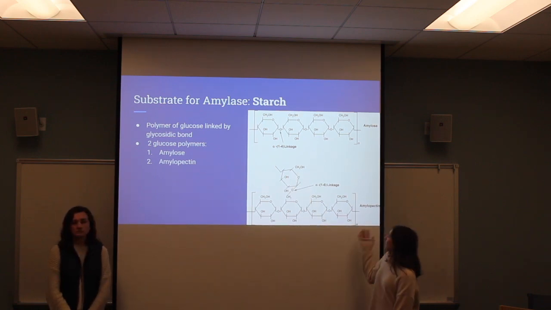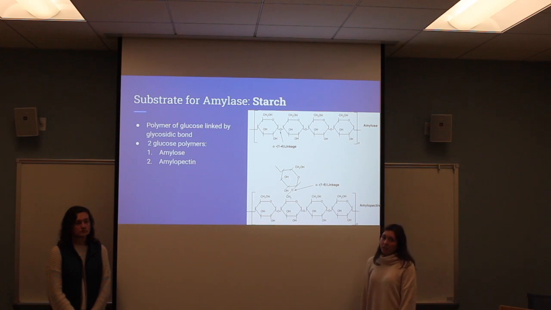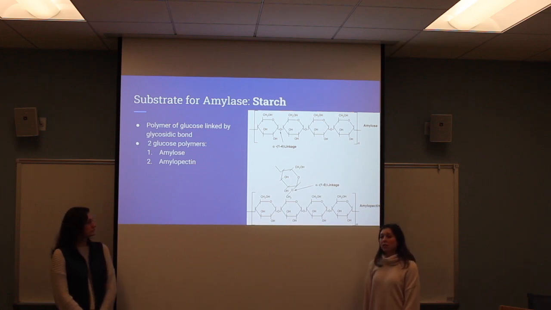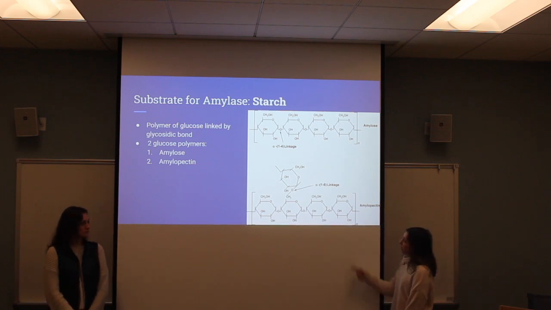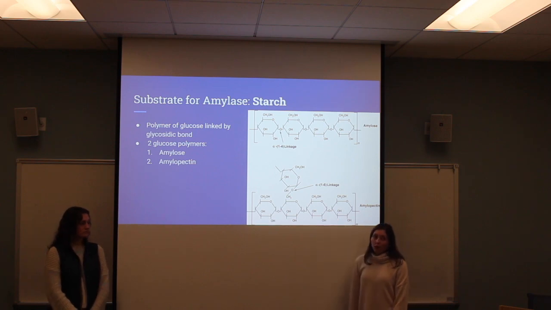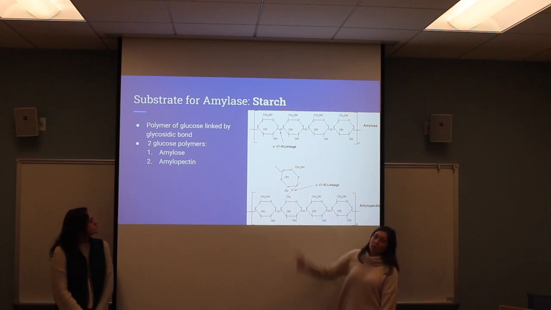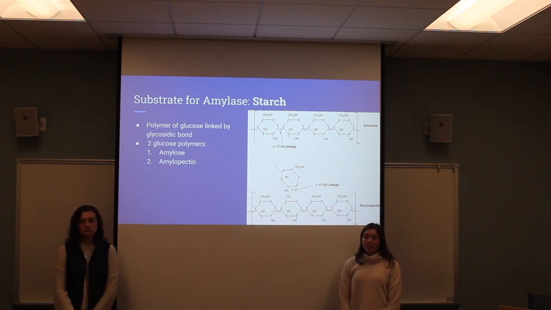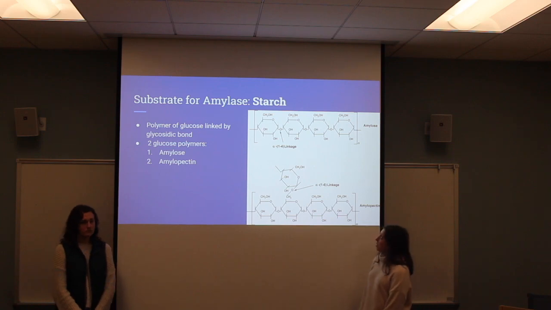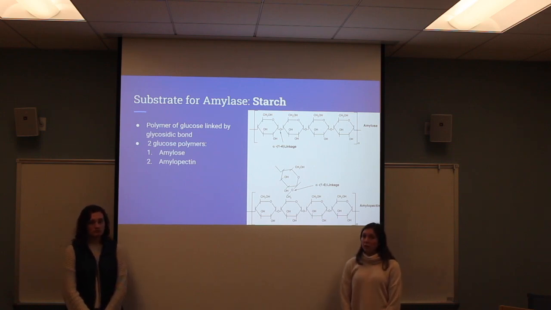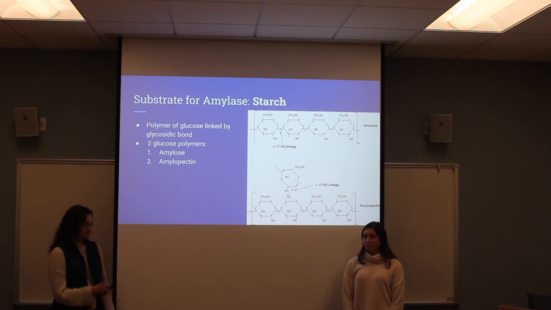And amylopectin down here is a linear chain of 10 to 60 glucose units linked by an alpha 1-4 glycosidic bond, and then also a side chain with 15 to 45 glucose units linked by a 1 to 6 glycosidic bond. And amylase cleaves the glycosidic bonds of amylose and amylopectin.